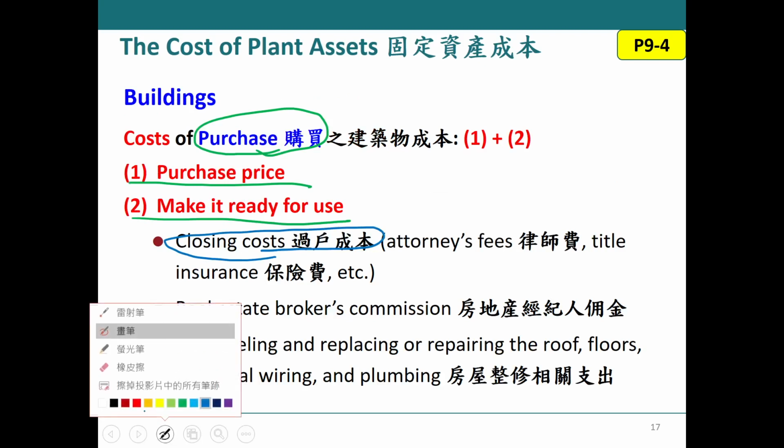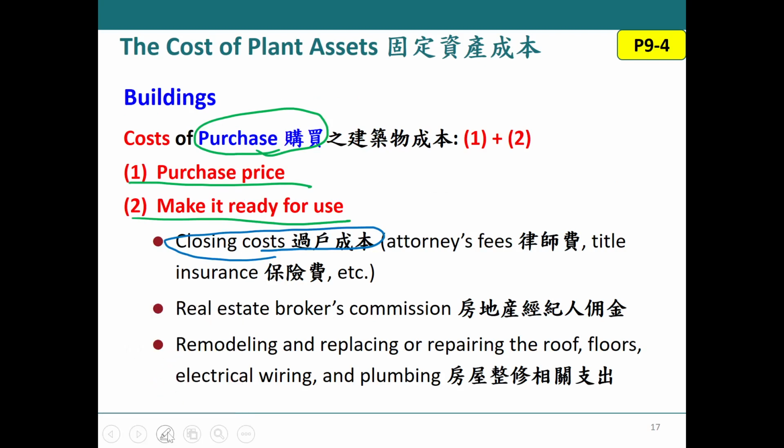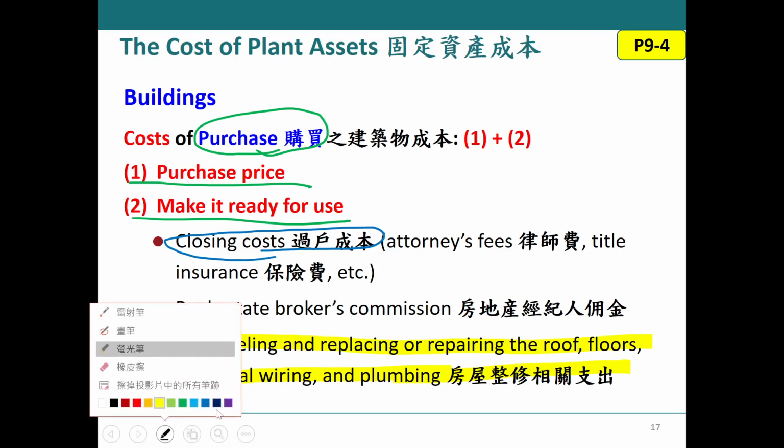So including remodeling and replacing or repairing the roof, floor, wiring, and plumbing. Okay? So all the things like remodeling, like the house, the building, is too old. So you want to make it look like new. You maybe have to repaint, such as painting the wall, or something broke, you have to repair it, and so on.